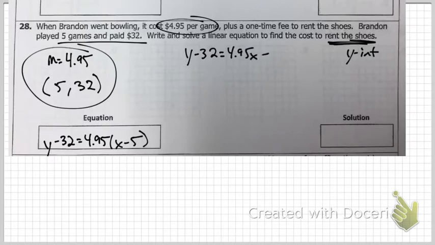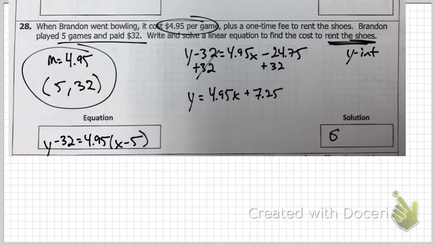So 4.95 times 5, 24.75. Add 32 to both sides to isolate my y. And I get $7.25. So my solution is those shoes cost $7.25 to rent.